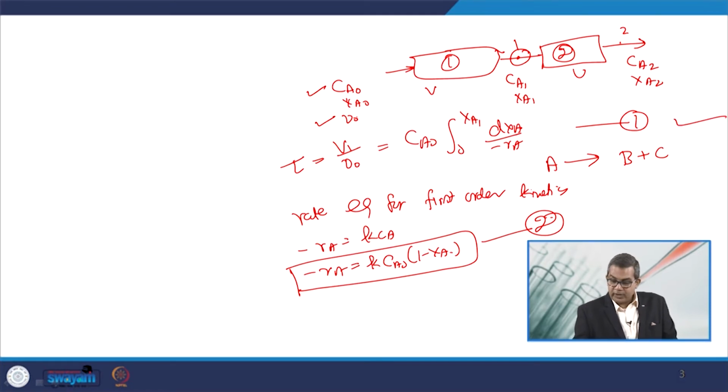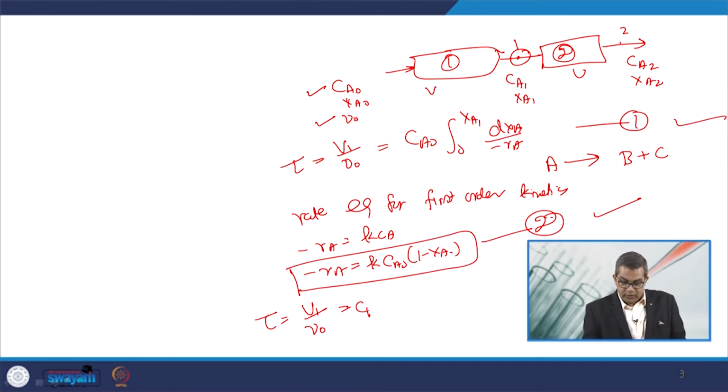Now from equation 1 and equation 2 we have tau is equal to V1 upon V0, that is equal to Ca0 integral from 0 to Xa1 of dXA upon K Ca0 (1 minus Xa).